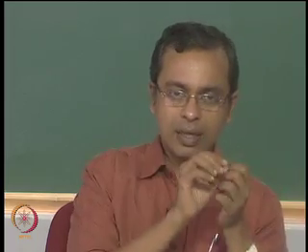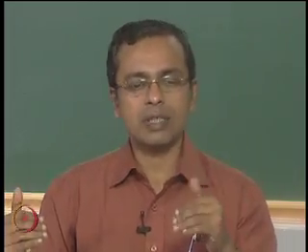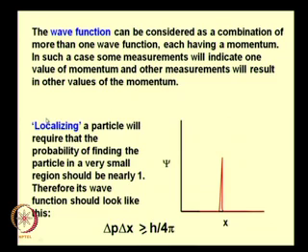To repeat, if you have a wave function which you can write as a sum of other wave functions, then when you take a random measurement of the system, you will get any one of those momenta associated with any of those wave functions. This is what happens when you look at a combination of wave functions leading to the wave function of the system. A very important contribution of quantum mechanics can be understood using this approach.